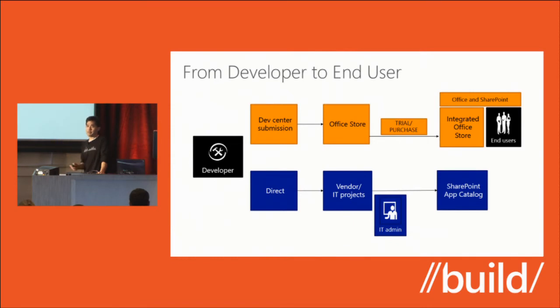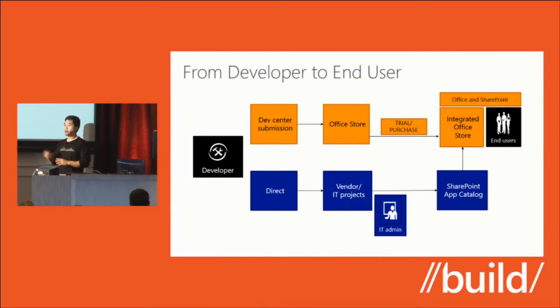And the SharePoint app catalog, which is just a list built on SharePoint, allows you to have those apps available to everybody who's a user of that SharePoint site. And so when you use the Office or SharePoint applications, you can go and get those apps. So is that integrated with the Office experience? Yes.